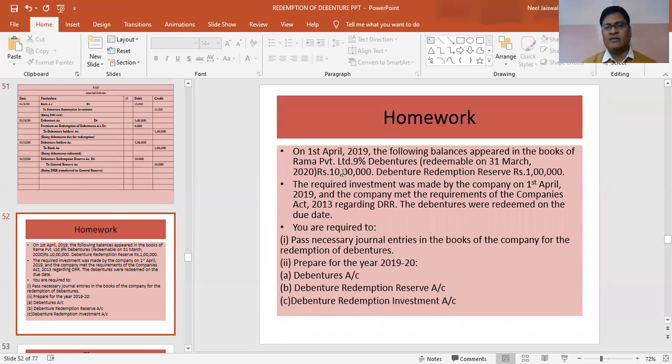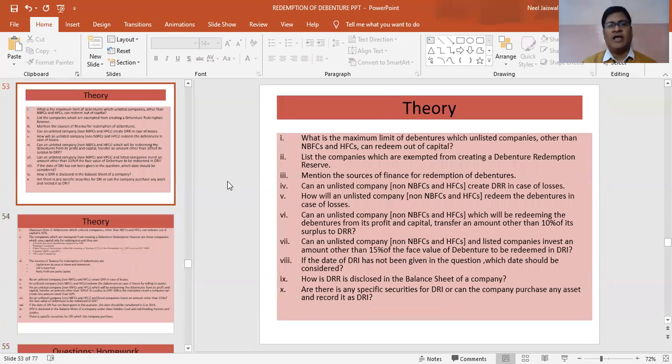Remember over here it is rupees 10 lakhs. So this is not numbers. And 100 rupees per debenture if nothing is mentioned in the sum. Remember it. That means the number of debentures will become 10,000. So this is the sum students. Please do it and send it to me in my email, WhatsApp or through my comments.